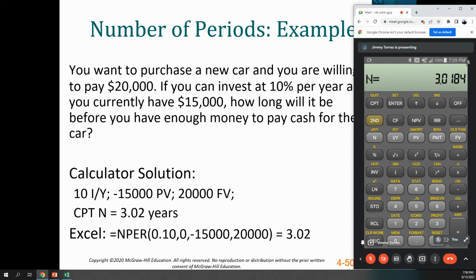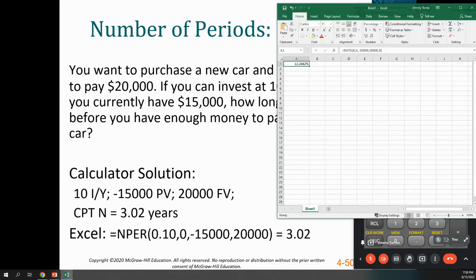Now with Excel, I want to do the number of periods. So the first one is a rate, and in this case is 10%. Again, it's decimal, so it's 0.1. The number of payments is 0. The present value, I want to make negative. But you know what? I'm going to do something just to show you. I'm going to make it positive.